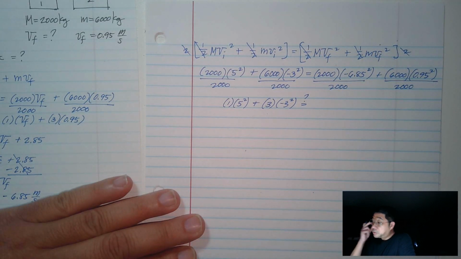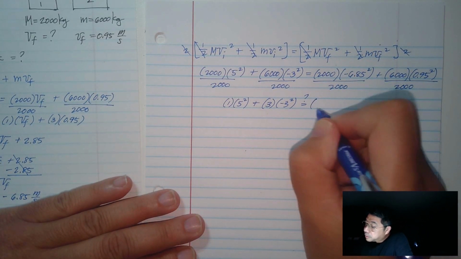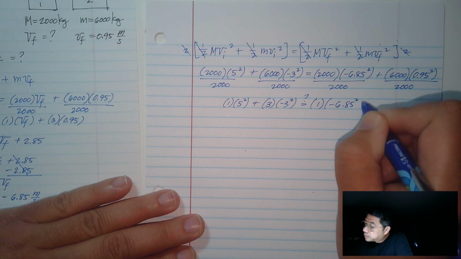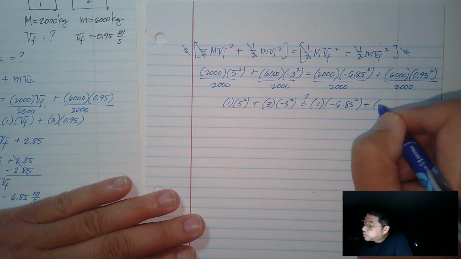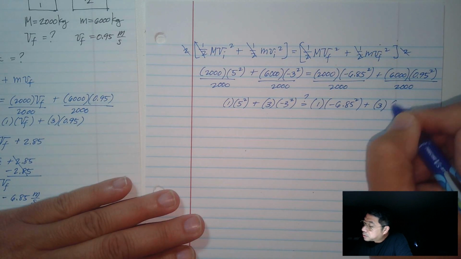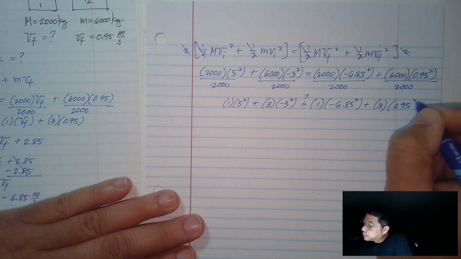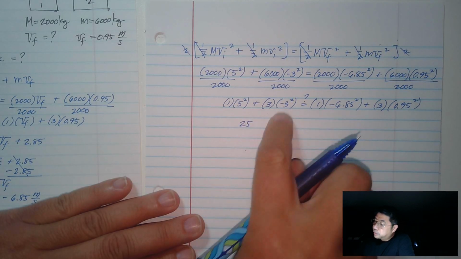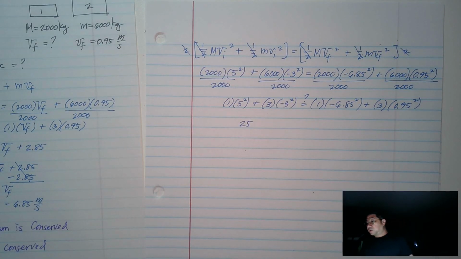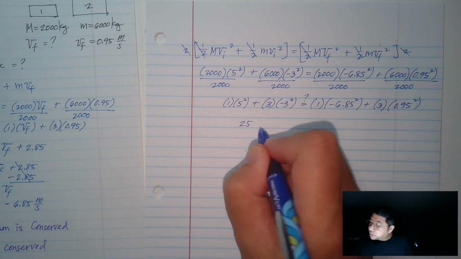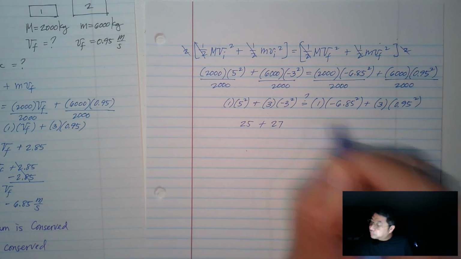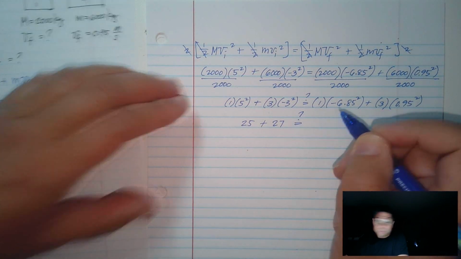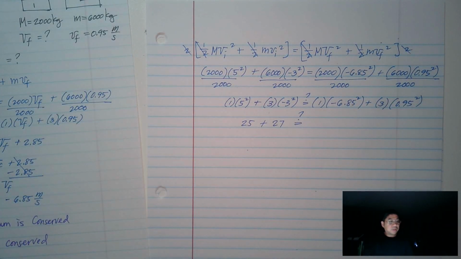Is it equivalent to 1 times negative 6.85 squared plus 3 times 0.95 squared? So this is 25. So this one is 9 times 3. So that is plus 27. Okay, so plus 27. Is it equal to, what is negative 6.8?